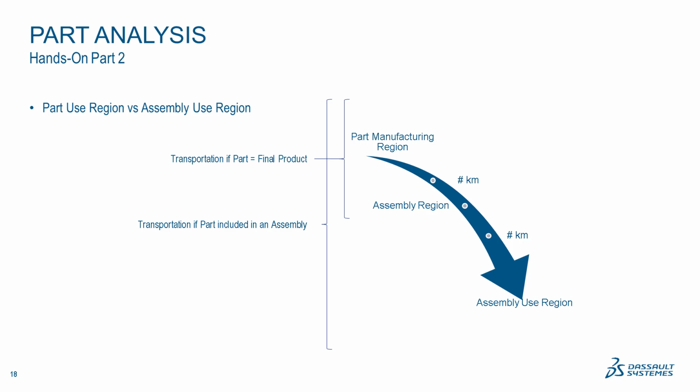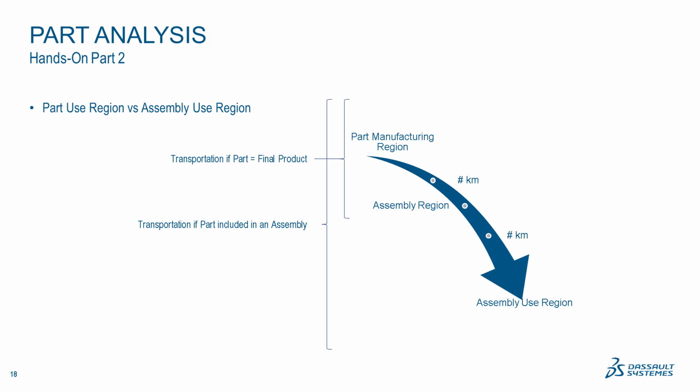But that bolt could also be used in an assembly. And so let's say, for the bolt being sold to an end consumer, the manufacturing region is Asia and the use region is North America. If I were to use that bolt in a product that's also manufactured somewhere in Asia, then the manufacturing region would be Asia, the assembly region would be set to Asia, and then let's say the use region is North America.